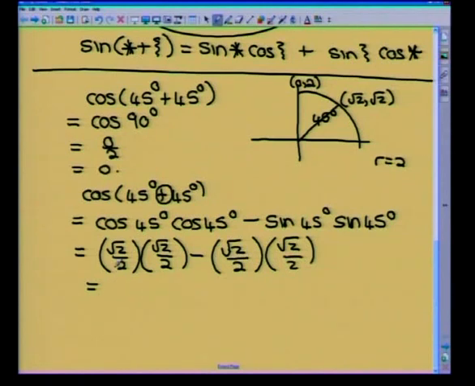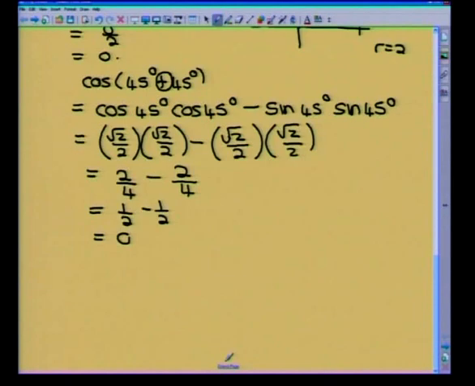But let's be good and let's actually work it out. So we have root 2 times root 2, which is root 4, which is actually 2 over 4, minus 2 over 4. And then just to be really thorough, let's make it a half minus a half, which equals 0. So I think by now you've realized that those formulas perhaps are quite useful to know.